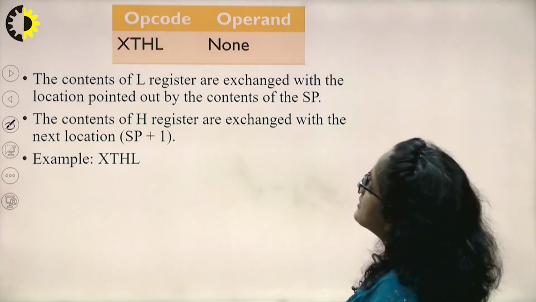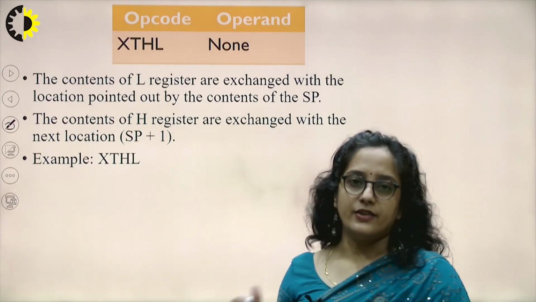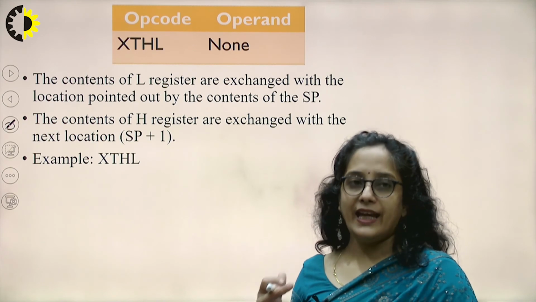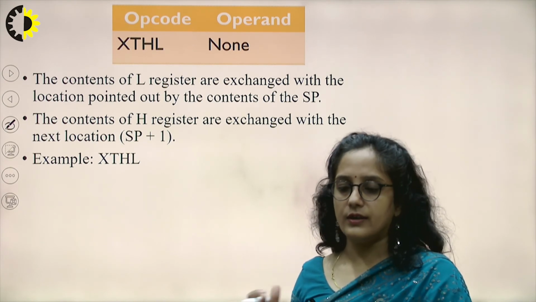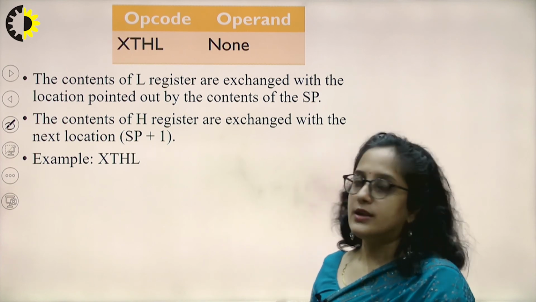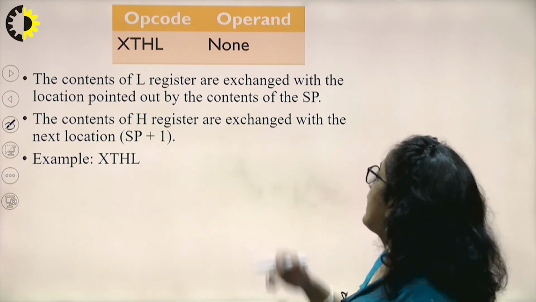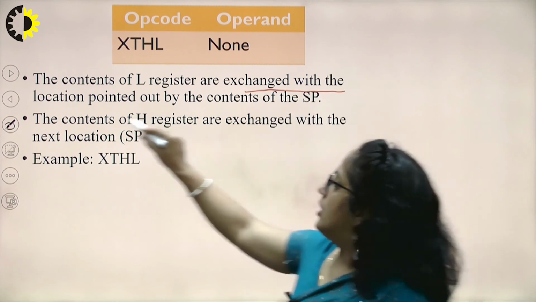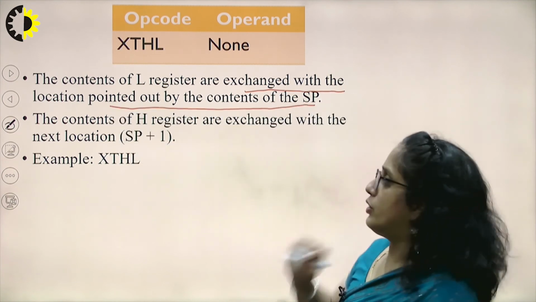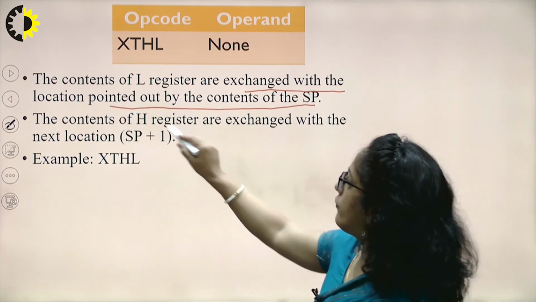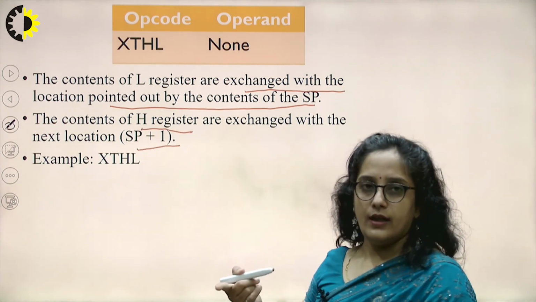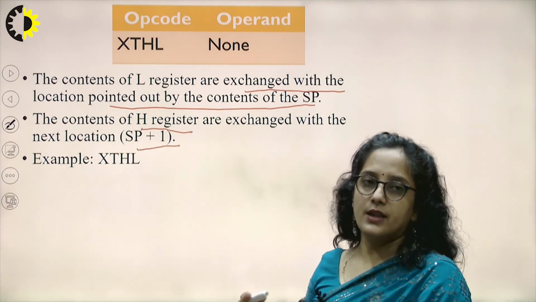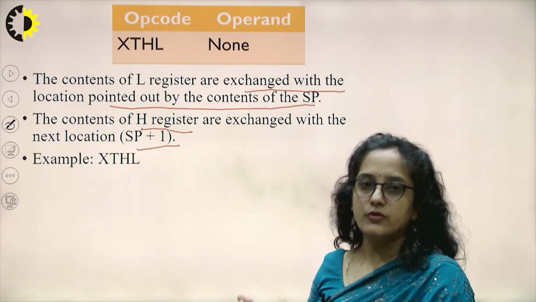Next is XTHL. XTHL is an exchange operation. What data will be exchanged? The content of the L register is exchanged with the location pointed to by the stack pointer, and the content of the H register is exchanged with the address incremented by 1, that is, the SP plus 1 location.